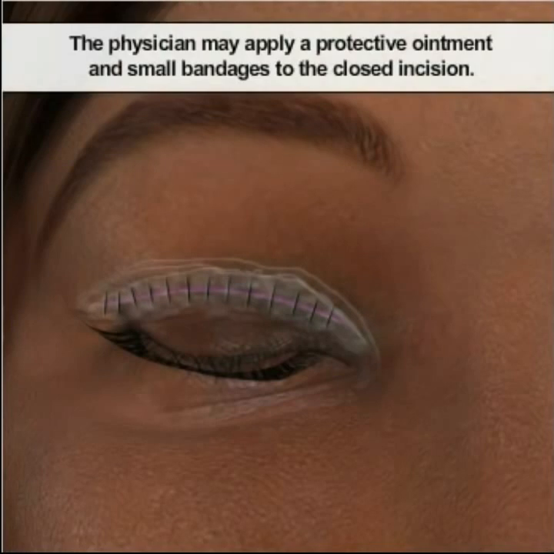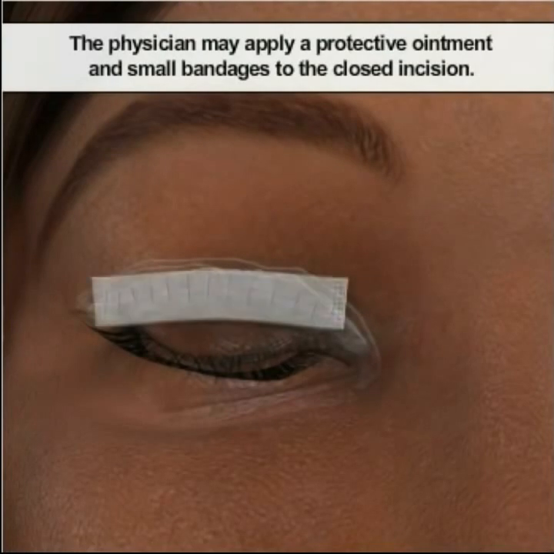The physician may apply a protective ointment, and in some cases, small sterile bandages to keep the incisions moist and promote proper healing. As with any surgical procedure, you will likely experience some discomfort, swelling, and bruising, which can be alleviated with cold compresses and pain medication.